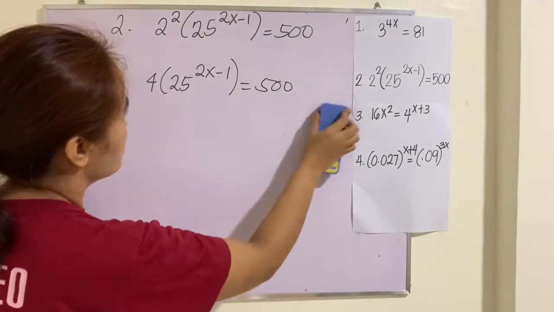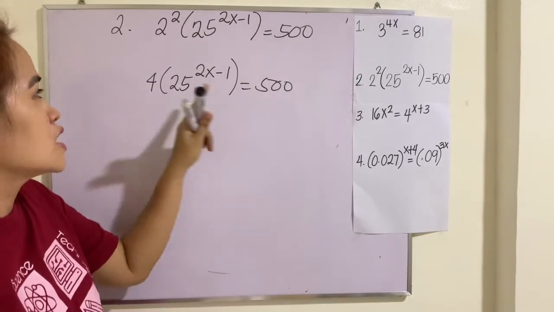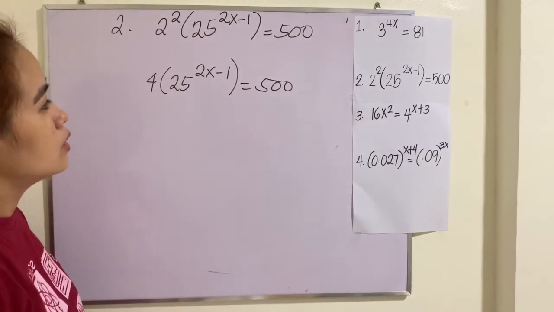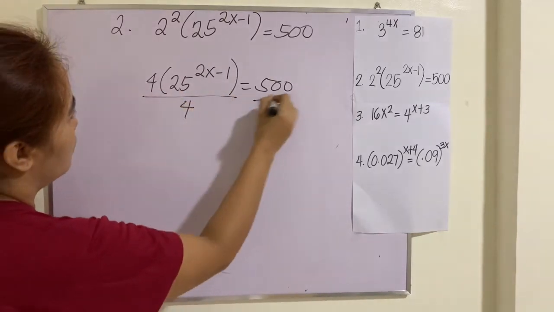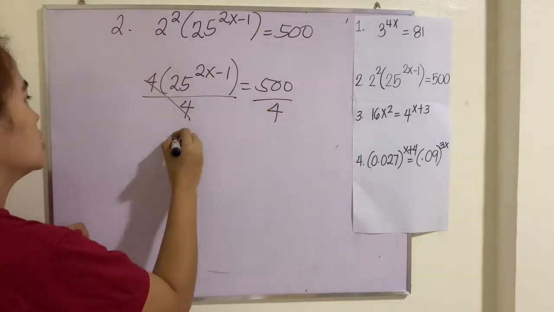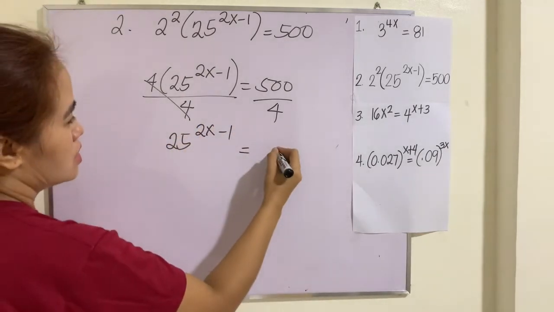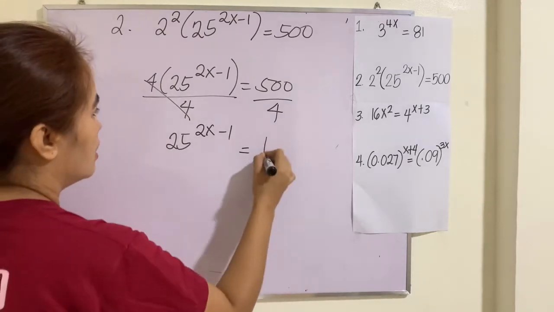Next, you need to divide both sides because you cannot express this yet as base 25 nor base 4. So therefore, make a way to simplify it first. You divide both sides first by 4. So this is 25 raised to 2x minus 1, and 500 divided by 4 is 125.